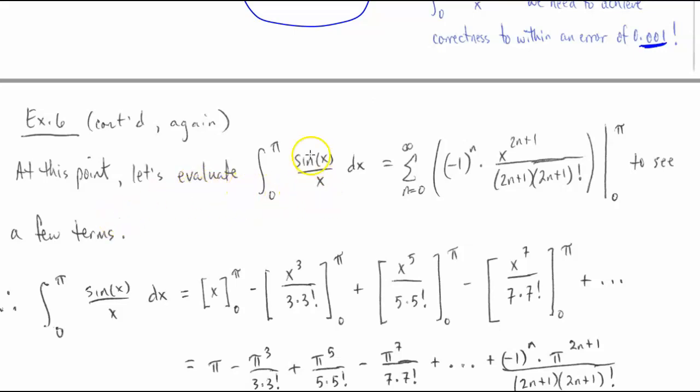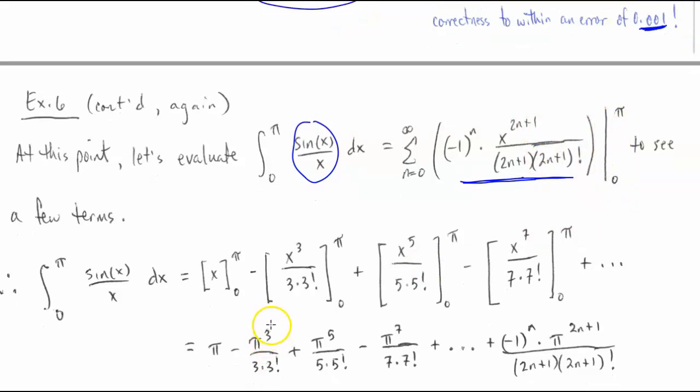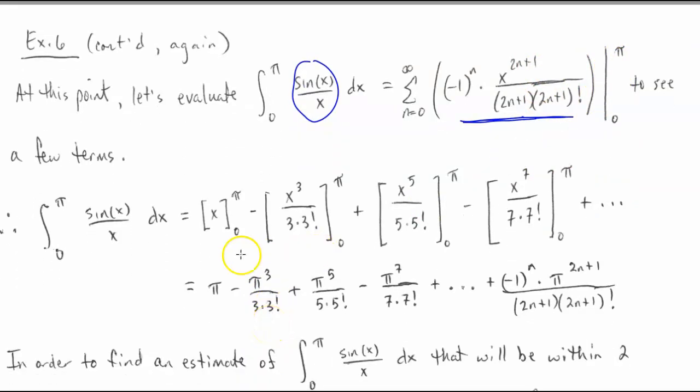So at this point, we're going to go ahead and say that the antiderivative of sine x over x from 0 to pi is just taking this particular power series, well, Maclaurin series, I should say, and evaluating it from 0 to pi. And how I've done this to kind of make it easy, I'm just looking at it for each term. So I know that x would have to be evaluated from pi to 0.